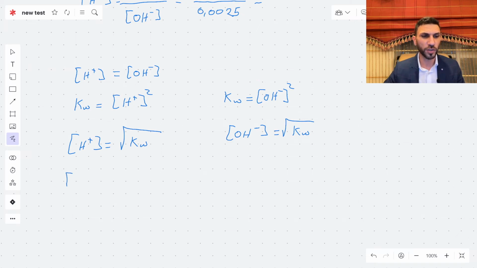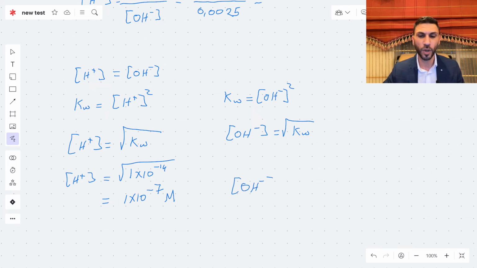Therefore, the H positive equals the square root of 1 times 10 to the power of negative 14, which equals 1 times 10 to the power of negative 7 molar. As well as the OH negative also equals 1 times 10 to the power of negative 7 molar.